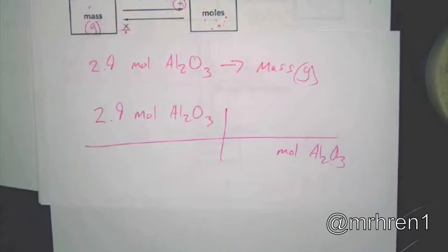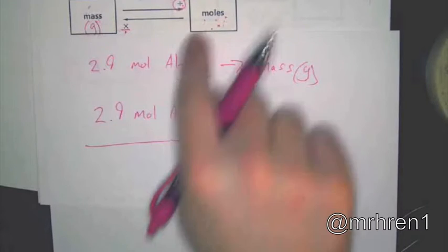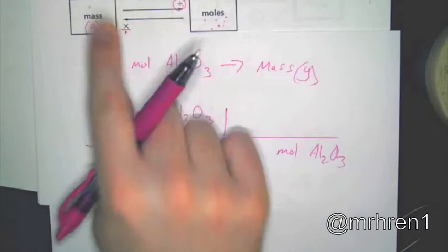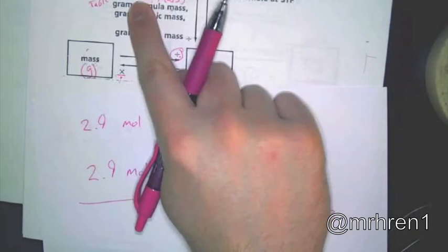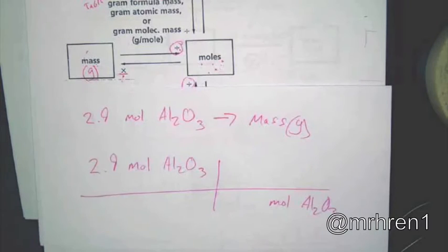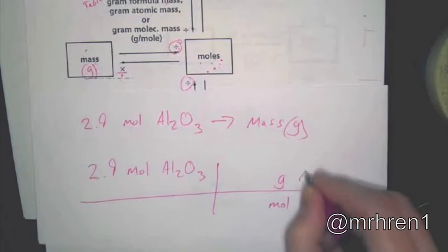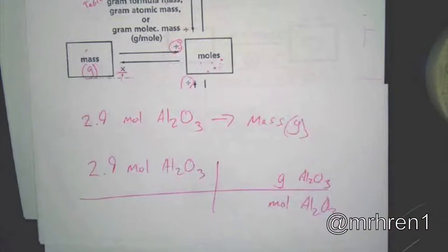The next step, you've got moles of Al2O3. You want to go now from moles back to mass. To do that, you will multiply by the molar mass from the periodic table. Now, what are we using? Molar mass. So that's going to go on top. Grams of Al2O3.